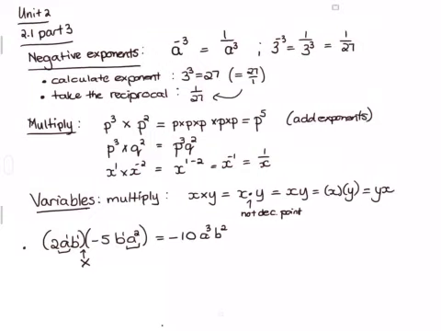So this was an example of one term multiplied by one term. In the next session, we're going to look at more than one term and how we multiply them together.